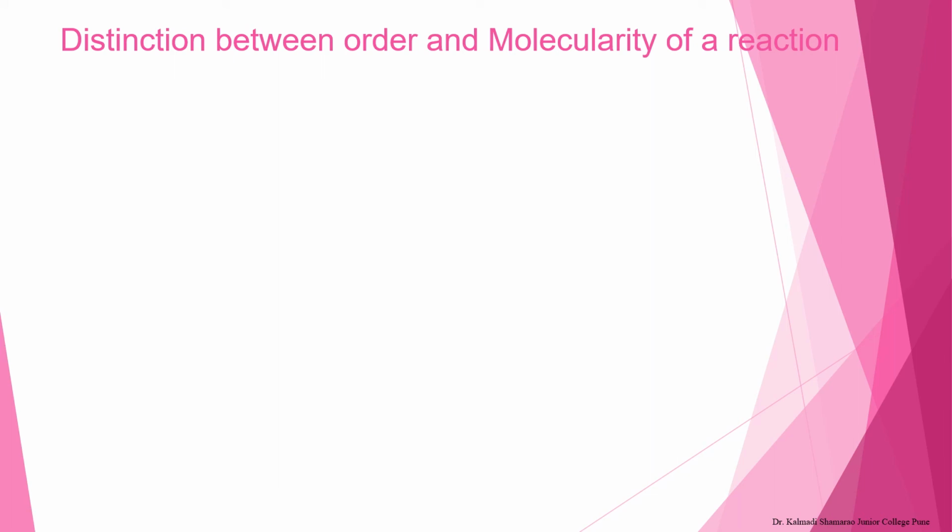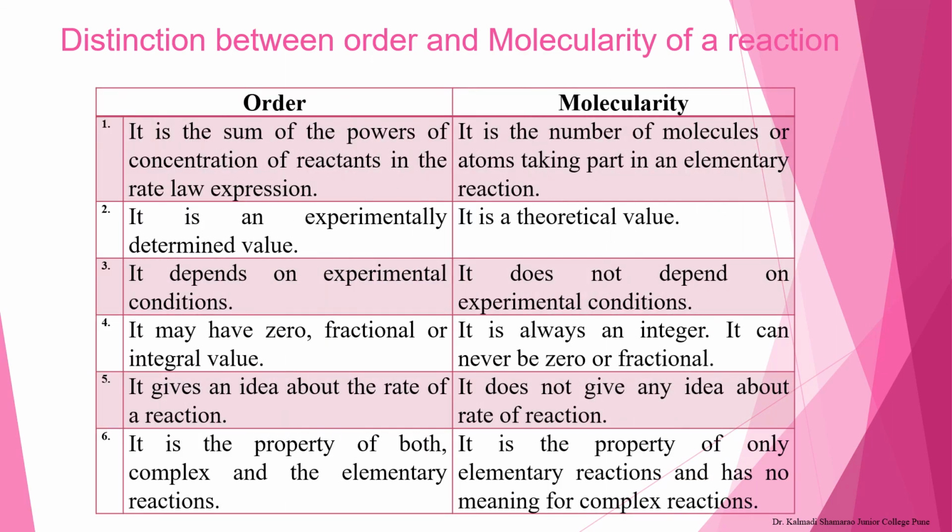Now let us study about the distinction between order and molecularity of a reaction. Here is a tabular form representing the differentiating points between order of reaction and molecularity.